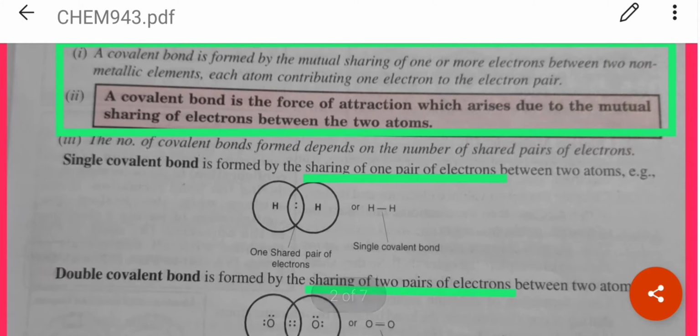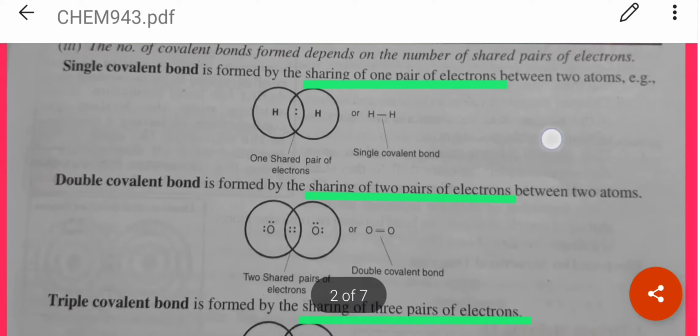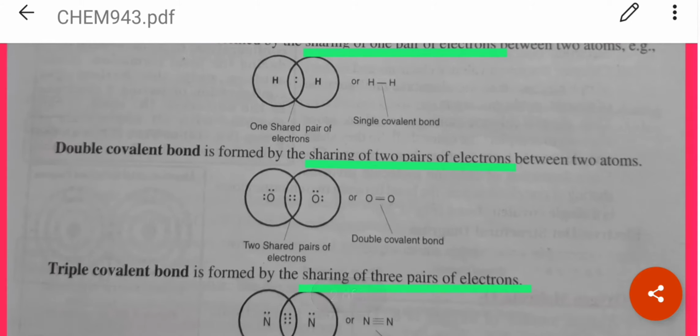Now, the number of covalent bonds depends on the number of shared pairs of electrons. As you can see in this orbital diagram, one electron is shared by each hydrogen atom, forming a single covalent bond. Here you can see the electronic configuration of oxygen, that is 6 valence electrons. It is deficient of 2 valence electrons.